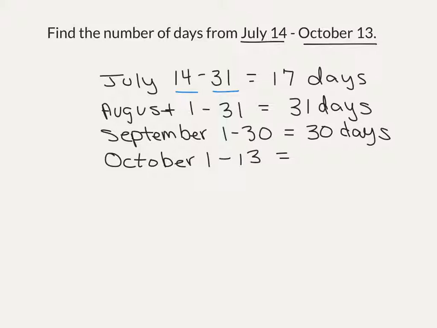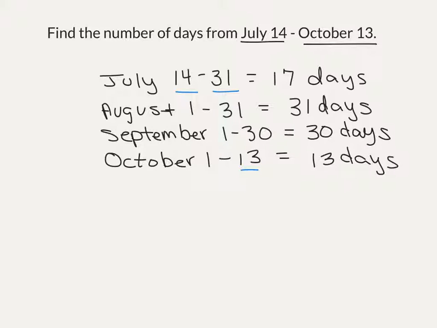And we do count the day that the loan is paid off. So to find the number of days from the 1st to the 13th, all you do is take that ending date. So there are 13 days that will count for that month.